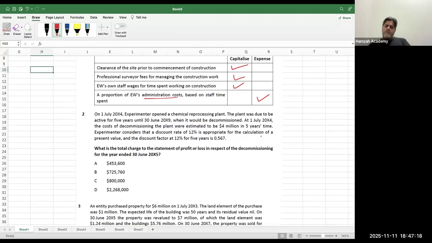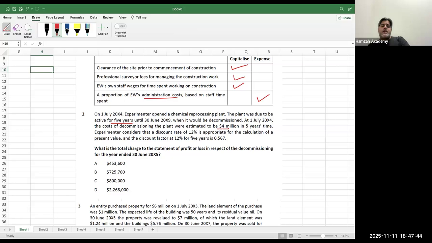Then we have point two over here. On 1st July 2024, Experimenter opened a chemical processing plant. The plant was due to be active for 5 years until 30th June 20X9, when it would be decommissioned. At 1st July 2024, the cost of decommissioning the plant was estimated to be 4 million in 5 years' time.